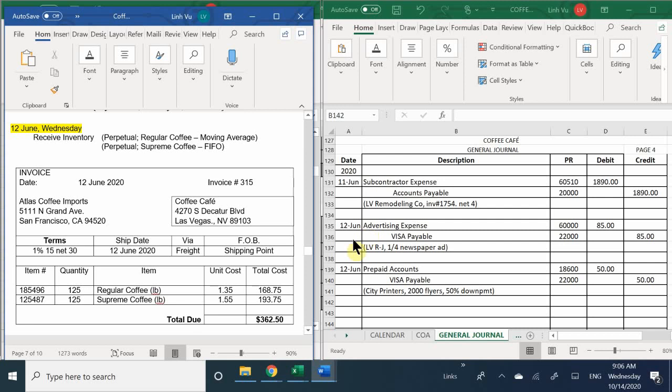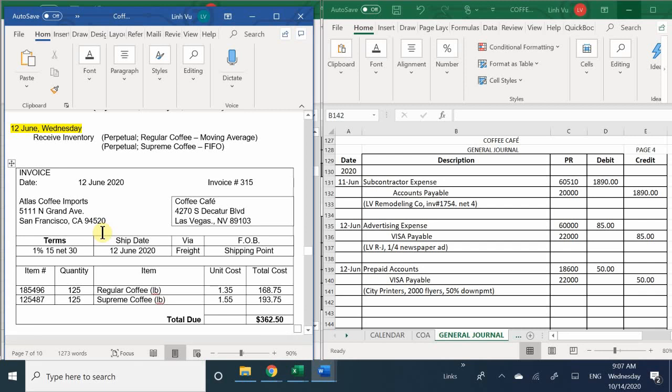What else is very important when we are looking at this piece of information? If there is a charge for the delivery or shipping. On the receipt, I don't see any freight or shipping costs.